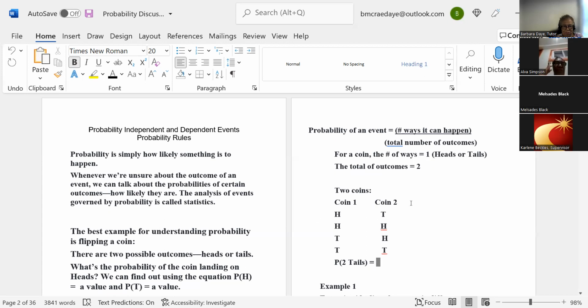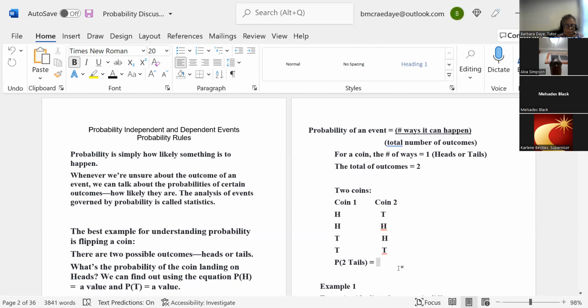You see, I did 4 flips. I flipped a coin 1, then a coin 2. Second flip, a coin 1 and a coin 2. Third flip, a coin 1 and a coin 2. Fourth flip, a coin 1 and a coin 2.